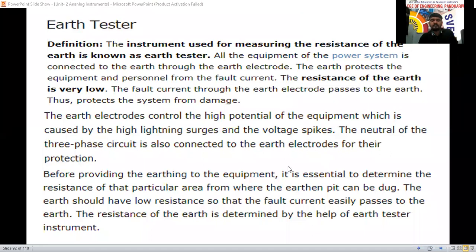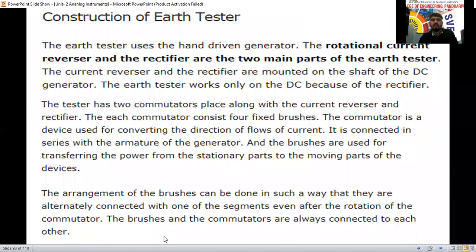We'll discuss the construction and working of the earth tester.